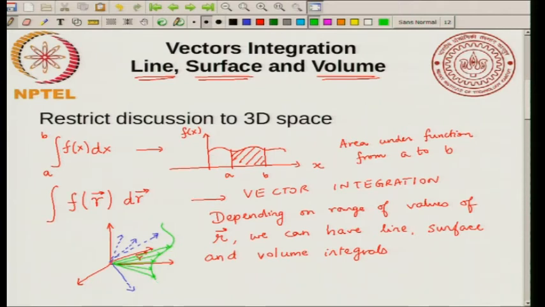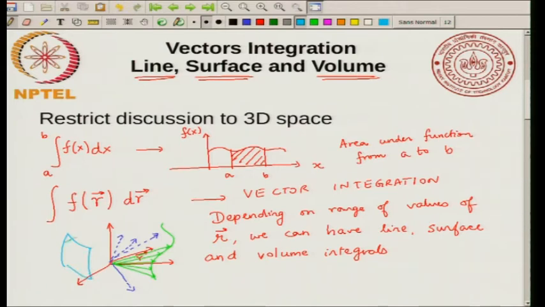If you imagine that you are allowing values of R to only take these values, and you are doing an integral similar to what we did in the scalar case, then you would get something called a line integral.